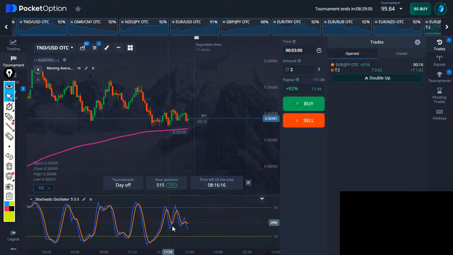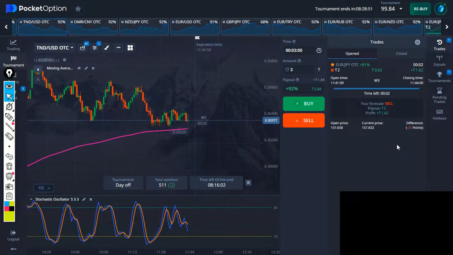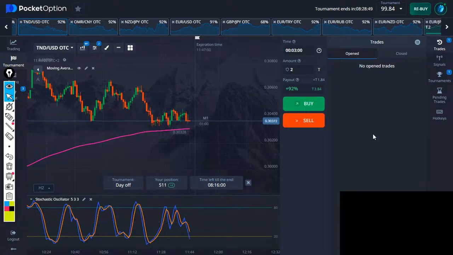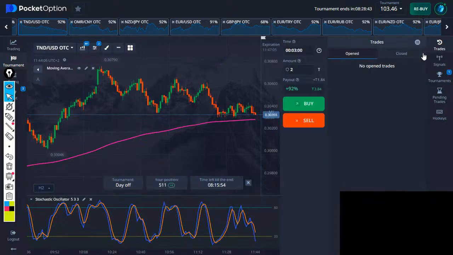See, try to find something like this. Clearly, try to find a clear stochastic moving up and down smoothly. Avoid this kind of a situation. Our Euro Japanese is in the money as well. Beautiful. So we have 2 out of 2 till now winning trade using the strategy.